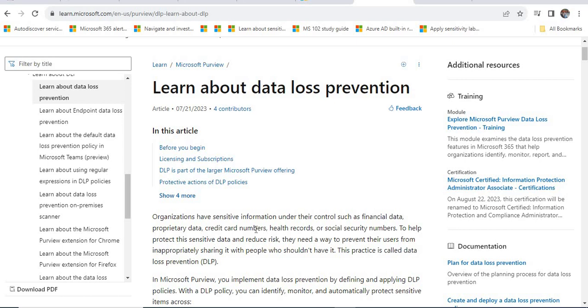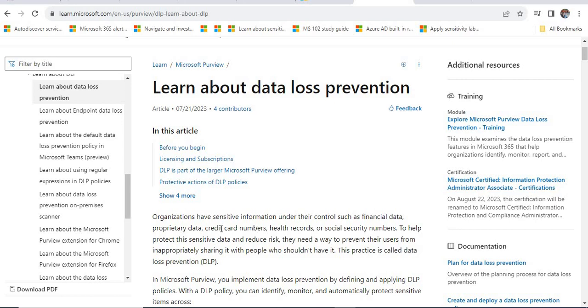There are various types of organizations and companies where lots of data is confidential and used daily. So you have to verify who is sharing which data to an external or internal user, so that you can track and verify it.